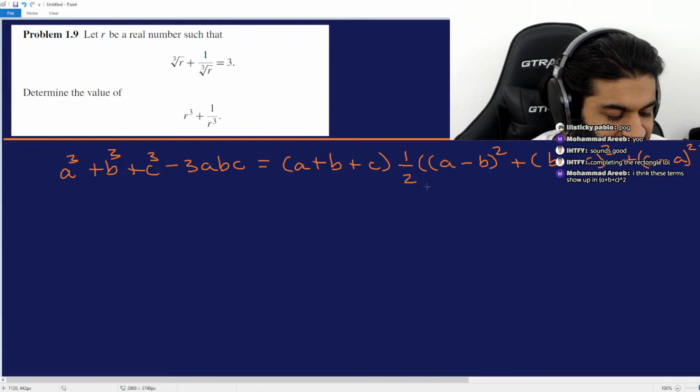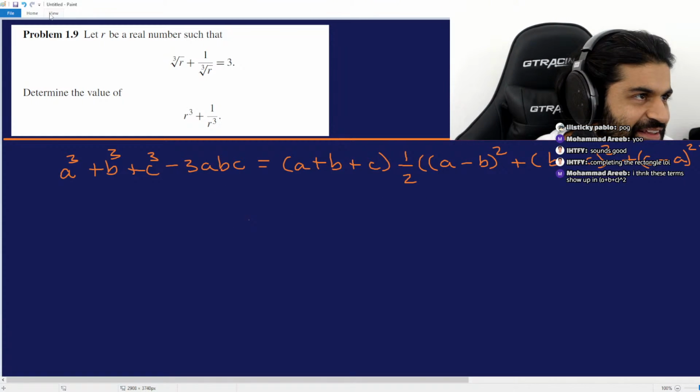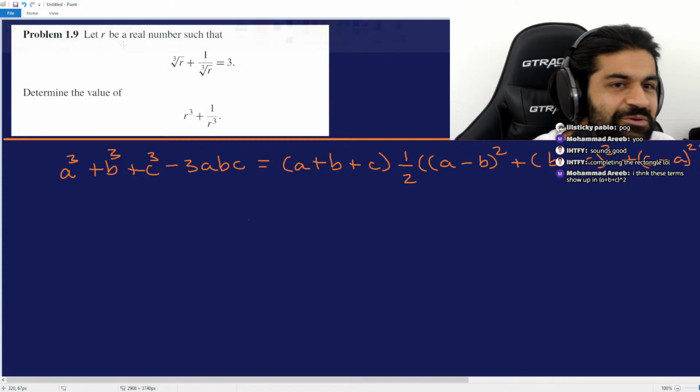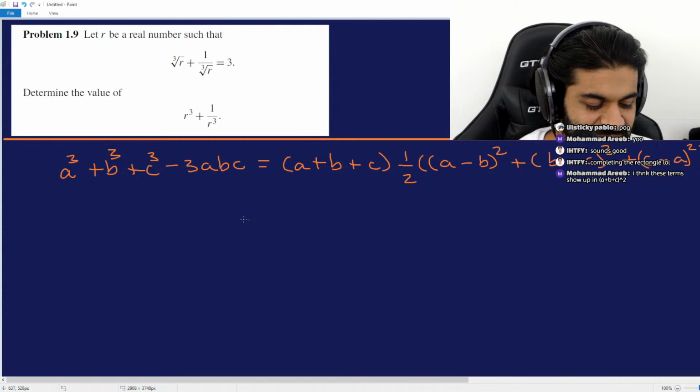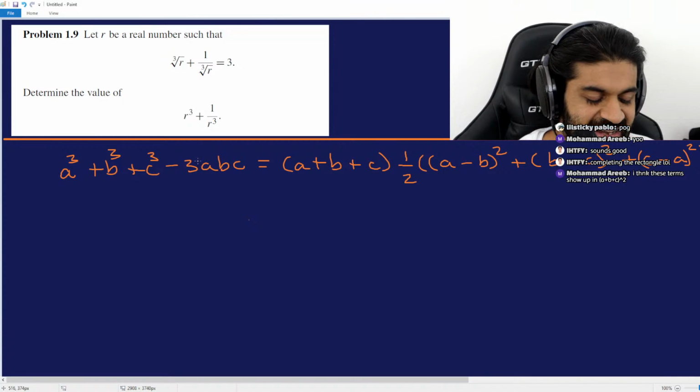So is there another way to factorize this? Well, yes, actually. First of all, let me justify it differently. So another methodology that you can use to basically prove this factorization is by looking at certain polynomials.